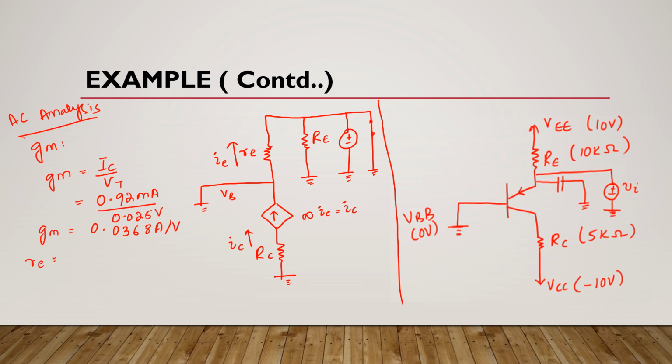Okay, now we will find RE. We know that RE is equal to alpha divided by transconductance. Here alpha is 0.99 and this transconductance is 0.0368 amperes per volt. After solving this, you will get RE is equal to 26.9 ohms.